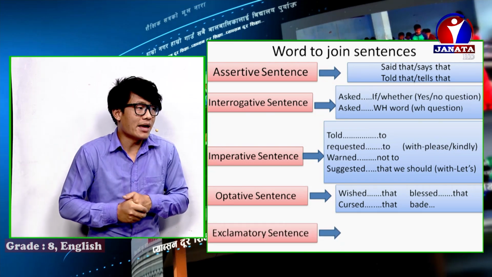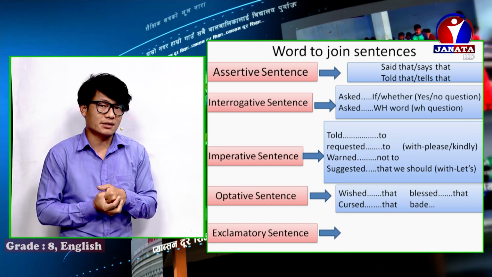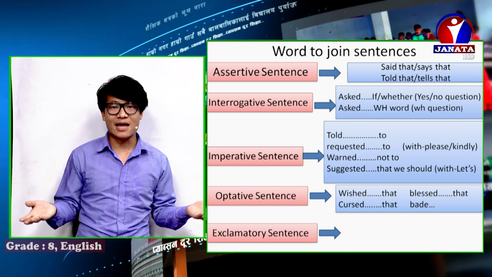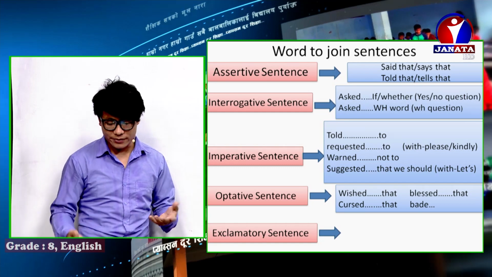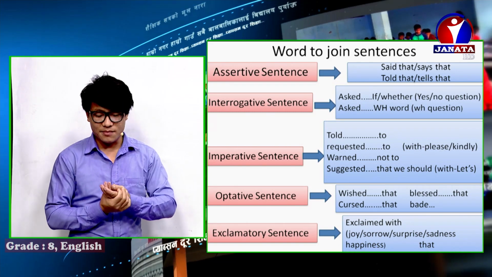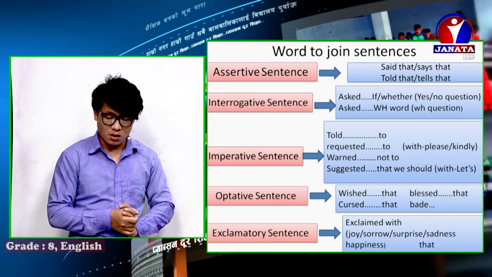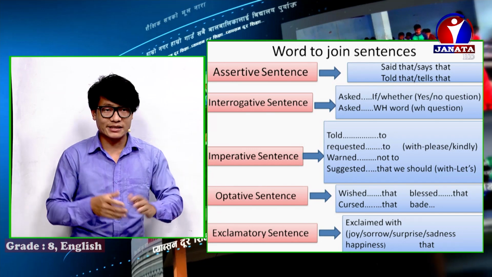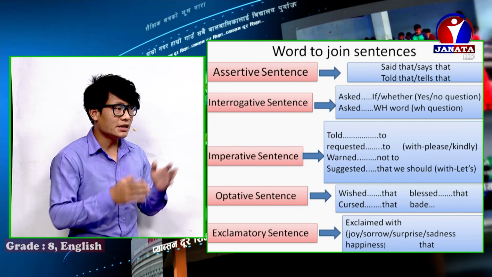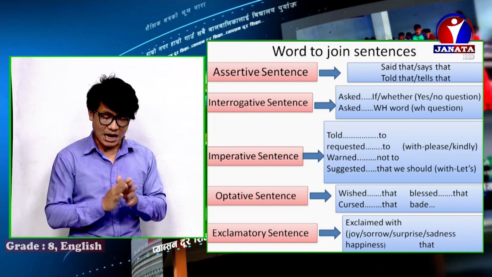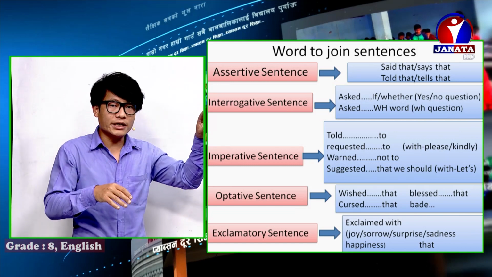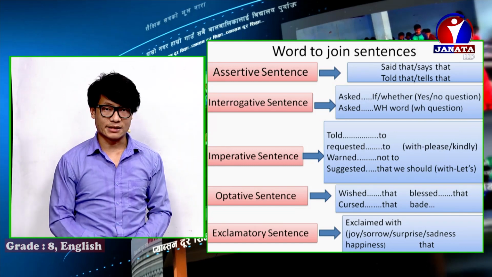Next, exclamatory sentence, the sentence which is used to express happiness, sadness, surprise, grief. Like we use exclaimed with joy, sorrow, or exclaimed with surprise, sadness, happiness, that. These are the words which are used in indirect speech to join reporting and reported sentences.